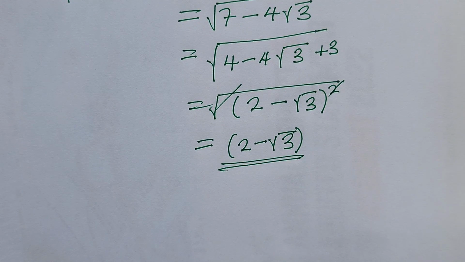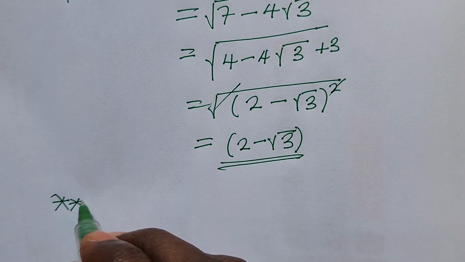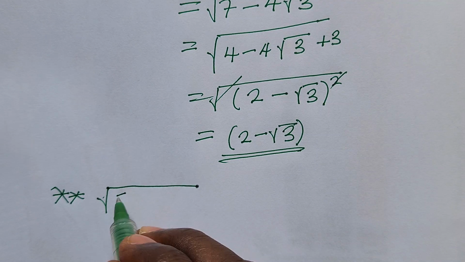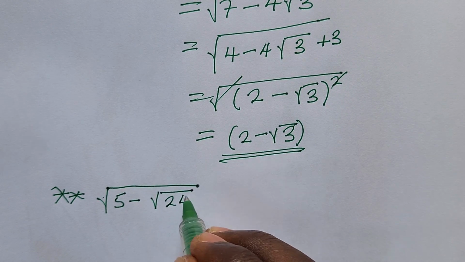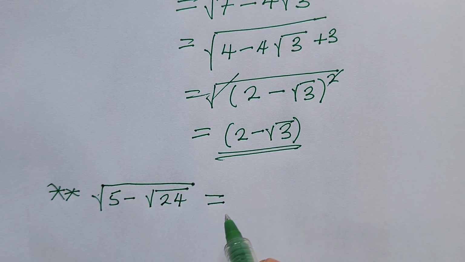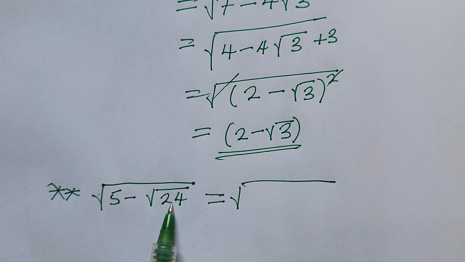So we take the second expression. Let's take this star, star. We have this to be the square root of 5 minus the square root of 24, right? Again, we can split 24.